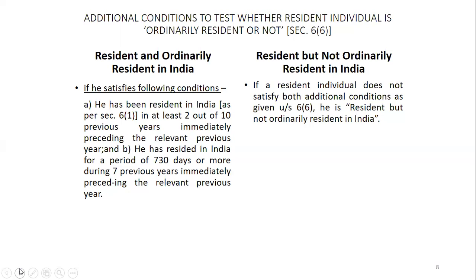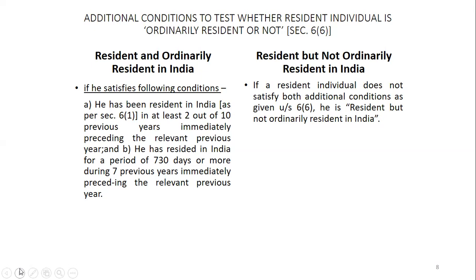He has been resident in India in at least 2 out of 10 previous years immediately preceding the relevant previous year, which are mentioned under section 6 subsection 1, or he has resided in India for a period of 730 days or more during 7 previous years immediately preceding the relevant previous year.